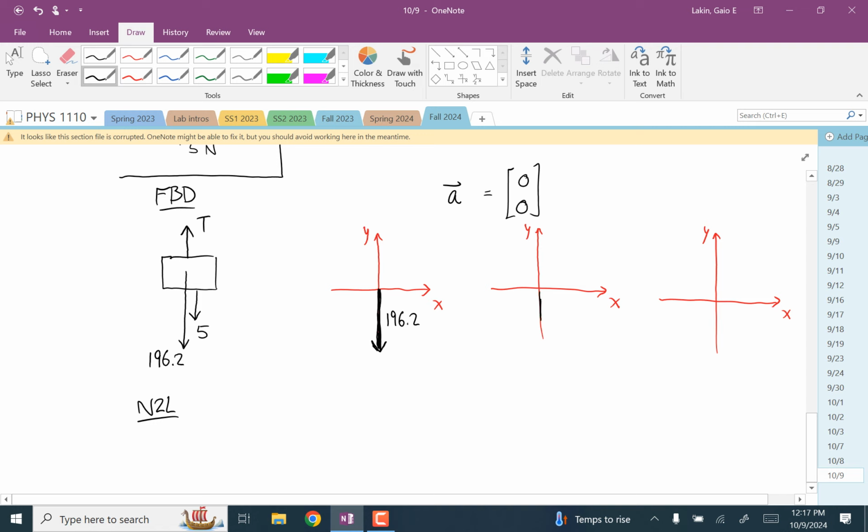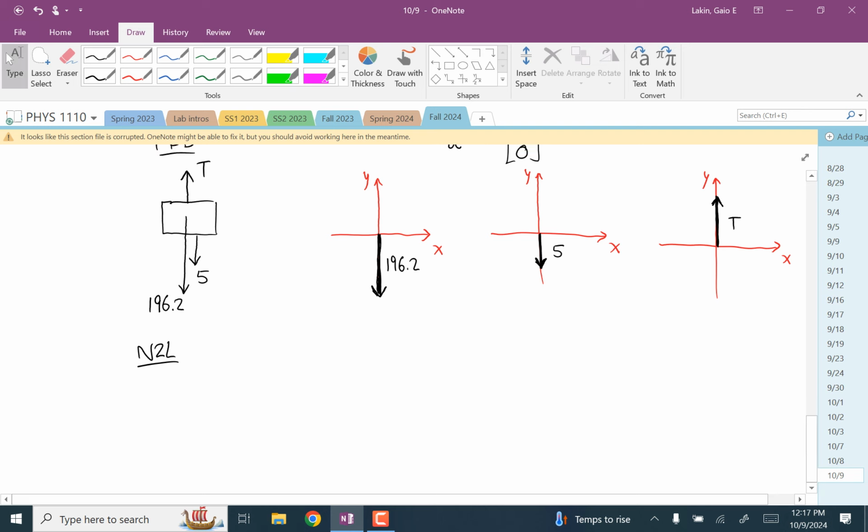For the 5 newton force, it's a vector like this with a magnitude of 5. And for the cable force, it's a vector like this with a magnitude of T. We don't know what T is. So one by one, we're going to go through these forces and write down the coordinates of the heads. So for the weight force, what are the coordinates of the head of that vector?